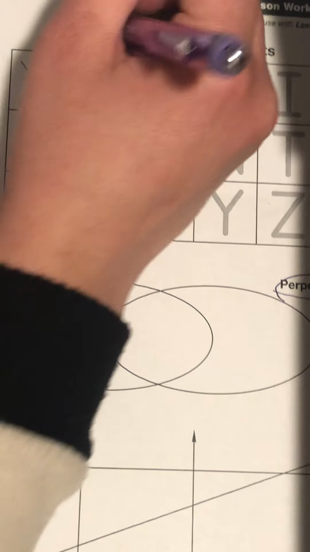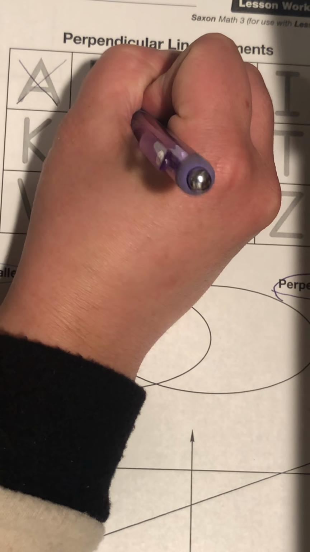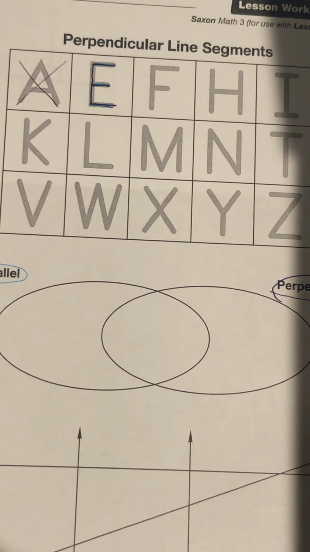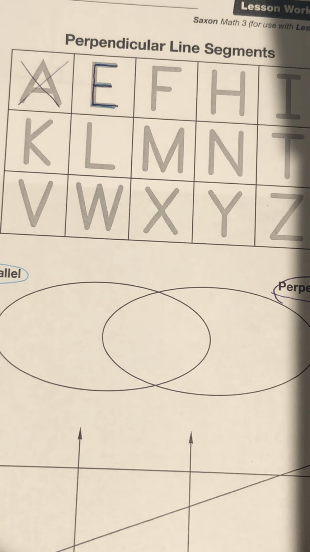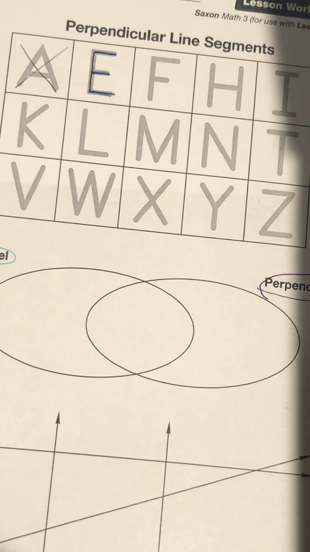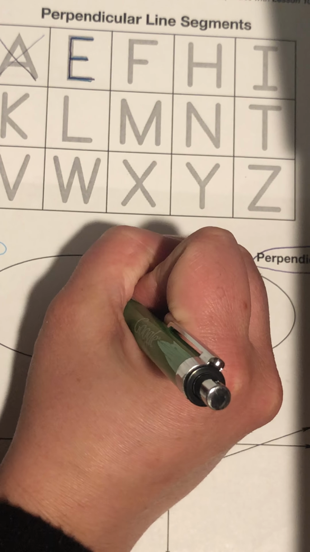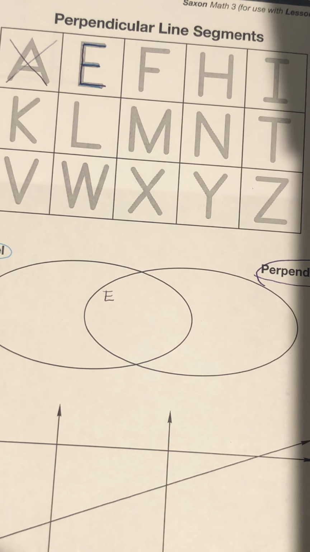I do. You'll see, actually, these lines that are parallel also make perpendicular lines with that vertical line here. So E has both parallel and perpendicular lines in it. So I'm going to write E in that middle box.